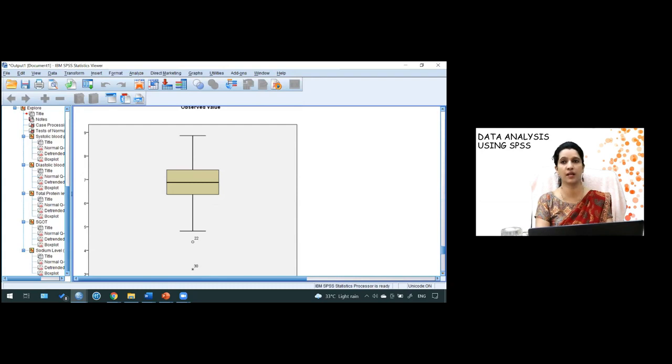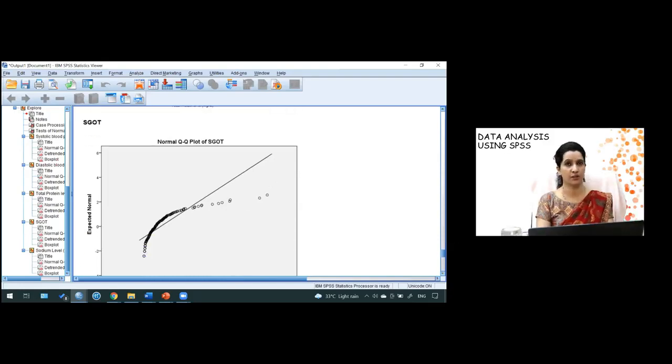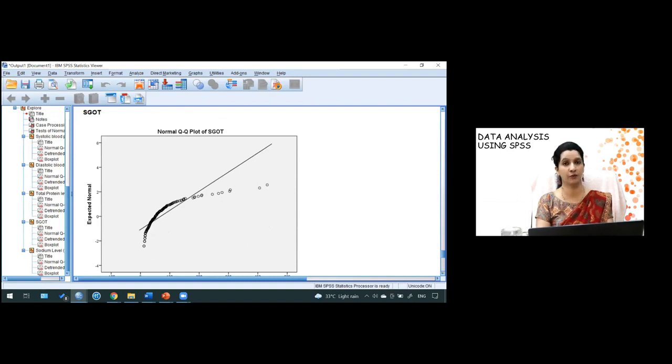There is one outlier here, not the extreme one, case number 22, and there is one extreme also, 30. This one is not normally distributed, because it is classically not normal, a skewed one.